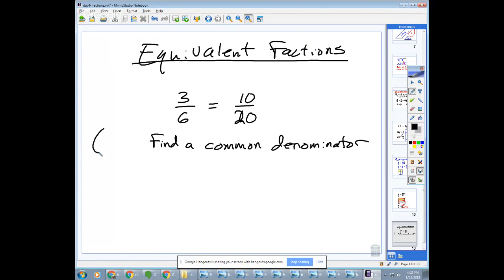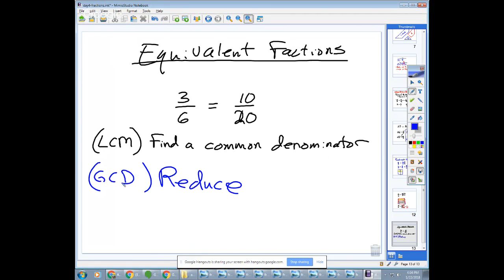Common denominator is that lowest common multiple that we talked about earlier. The other way we could do it is we could reduce the fractions. And generally to reduce, we want to find the greatest common divisor of the numerator and the denominator.